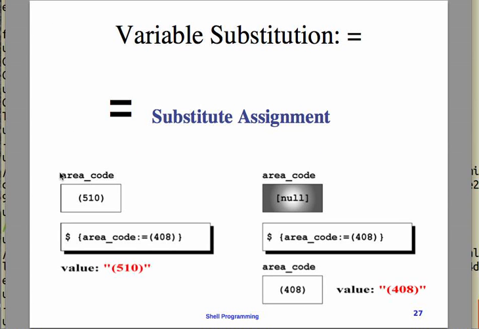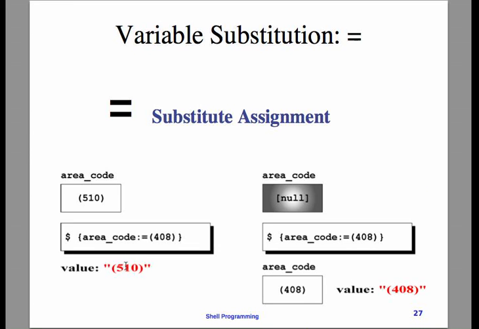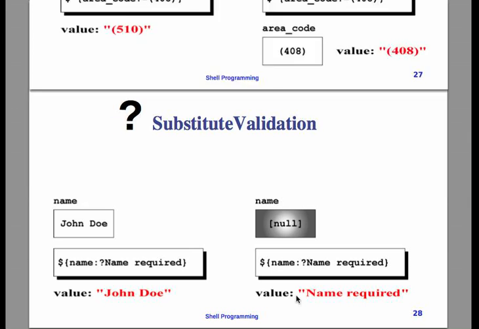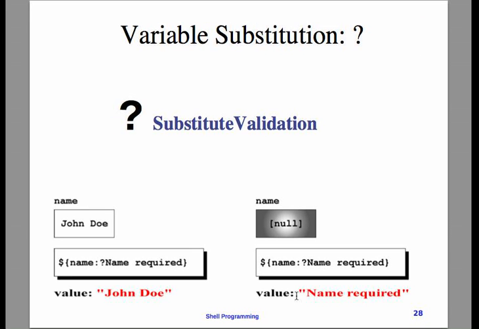You can say area code equals open parenthesis 510 close parenthesis, and then echo this whole thing without the space, and what you will see is it'll print out 510. Then take out the area code equals 510, so that area code is not defined, and then echo this, and what you will see is this 408. Okay, and then also echo area code, and you should see that area code will now be 408.